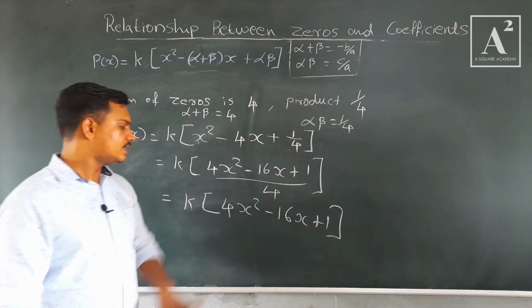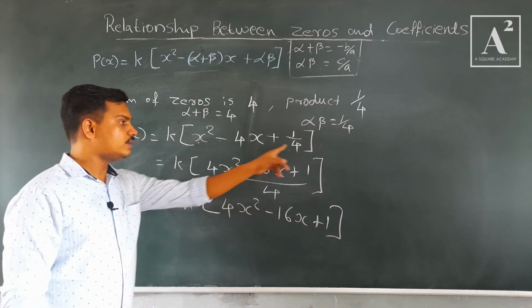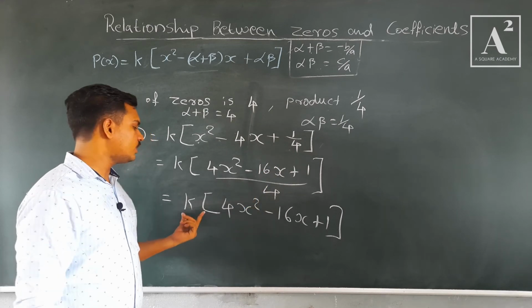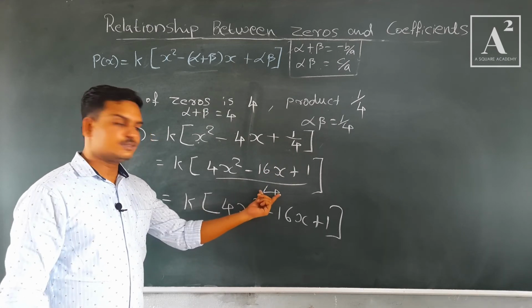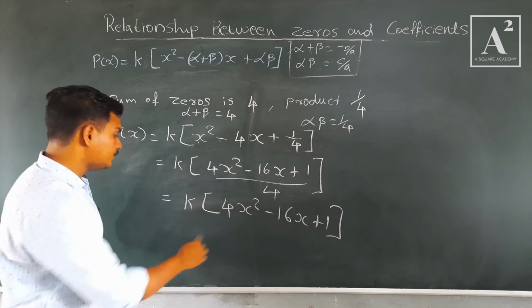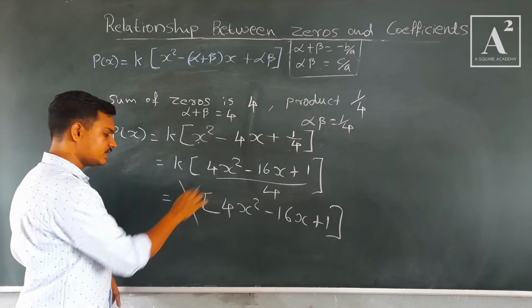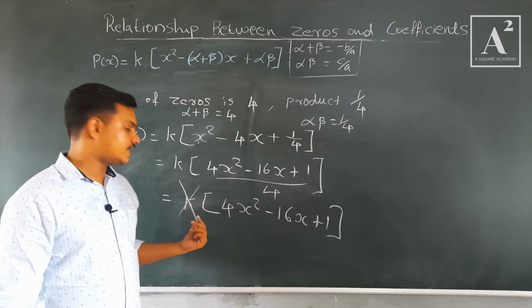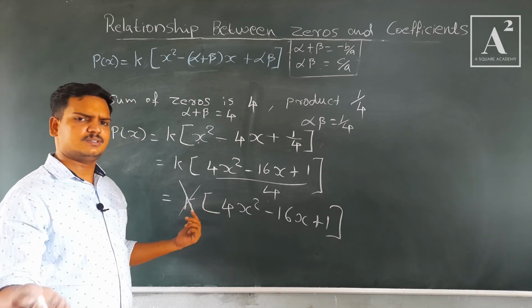So this is the expression. In such a condition, while you are getting a fraction, you can take the LCM and take the denominator outside. You do not need to mention k after taking the LCM. It is not compulsory to mention k. If you do so, no mistake, it's correct.